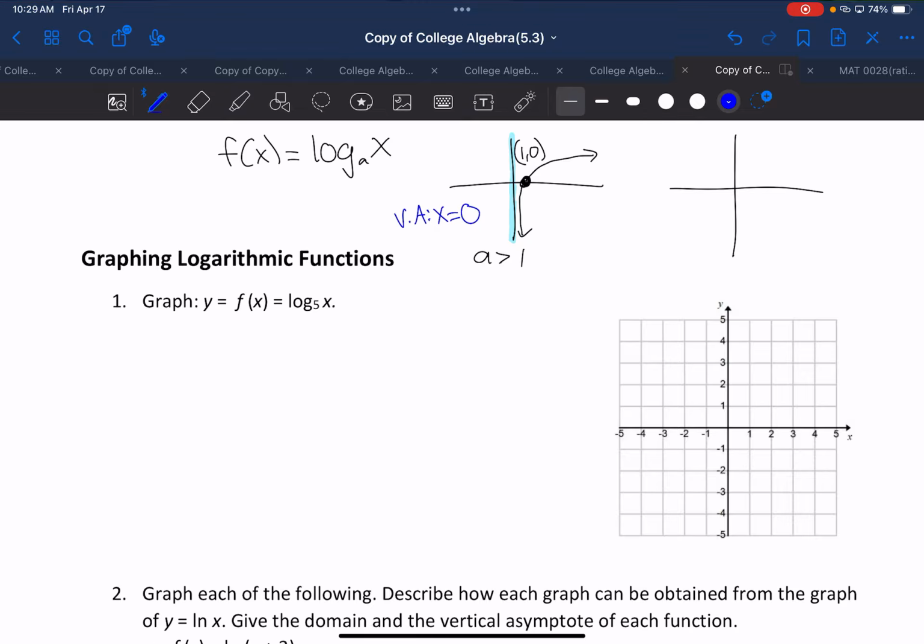If a is greater than 1, it's still increasing. That didn't change. It's increasing over its domain. Its domain would start at 0 with a parenthesis because it would never touch x equals 0, and it would go towards the right to positive infinity.